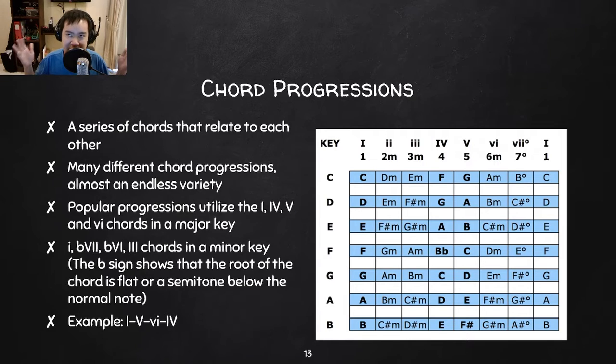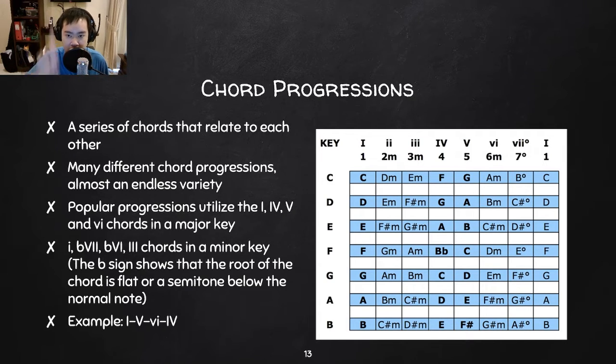A lot of these channels that teach music are going to use these numbers. Please learn these. Learn these for every key, and learn these for different keys as well. You can just search up chords in a minor scale or chords in a major scale, and you'll see these numbers pop up.